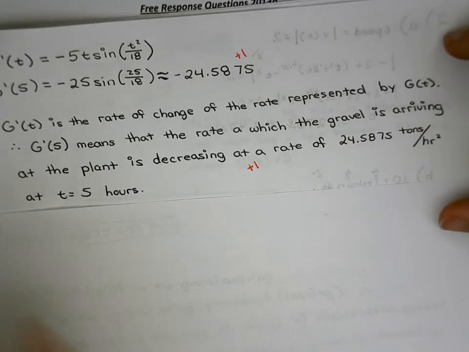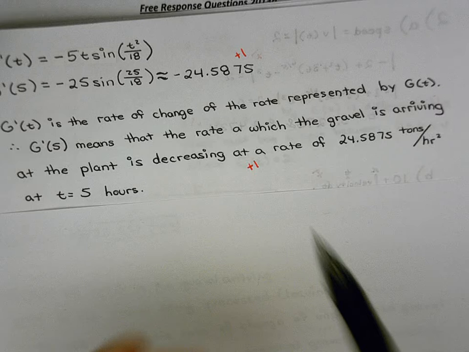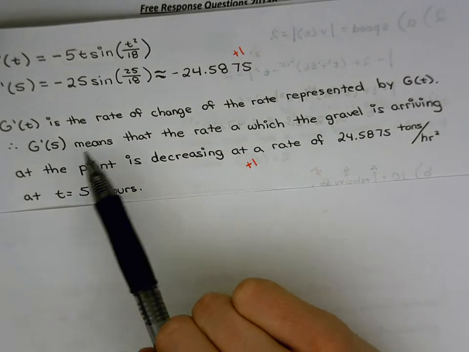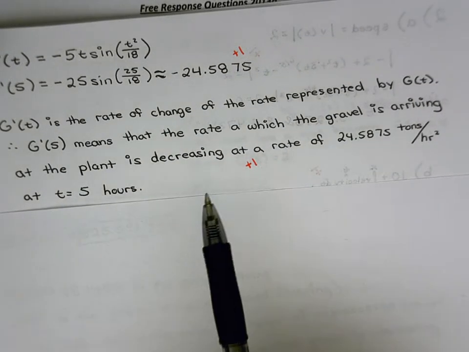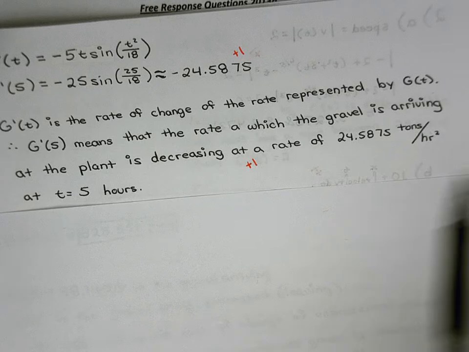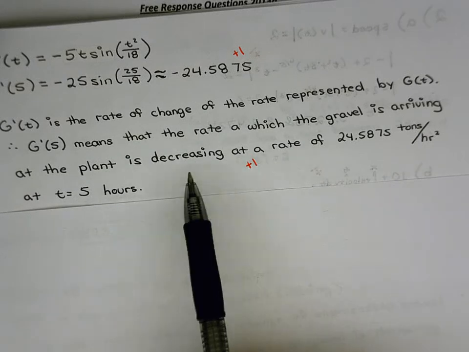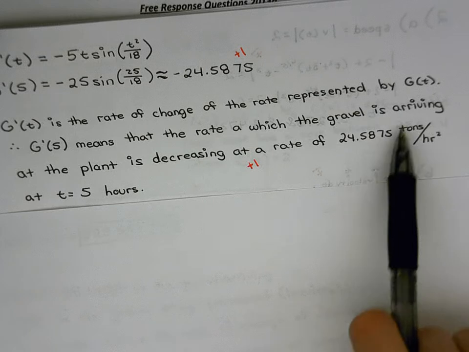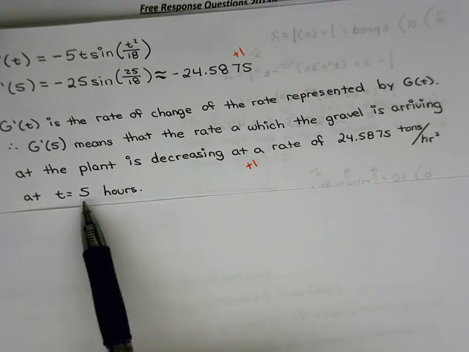G prime of t is the rate of change of the rate represented by g of t. Therefore, g prime of 5 means that the rate at which the gravel is arriving at the plant is decreasing at a rate of 24.5875 tons per hour squared at time t equals 5 hours.